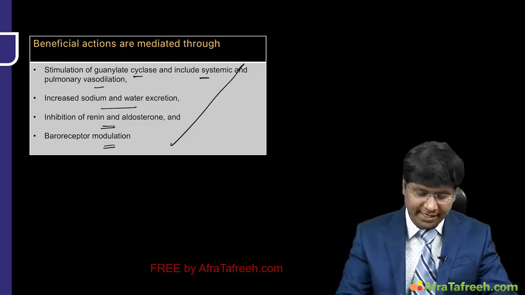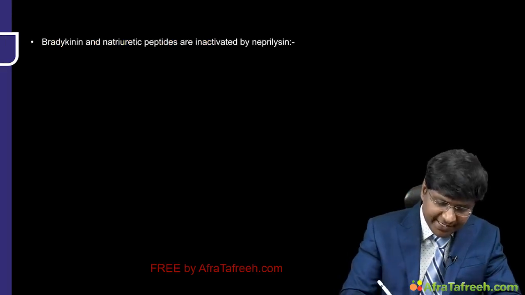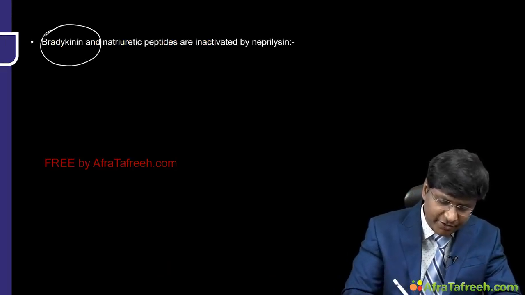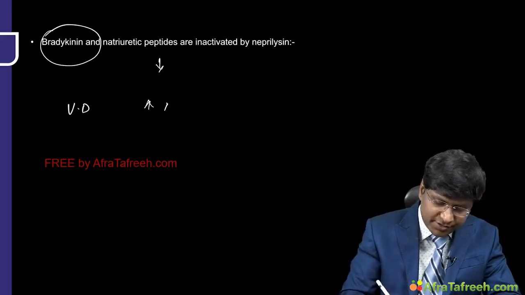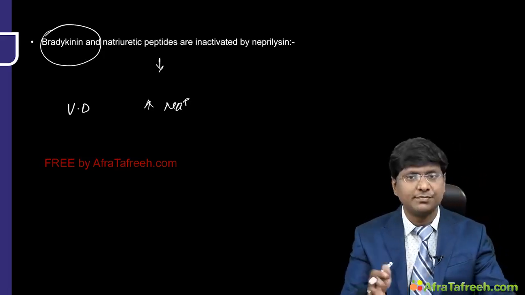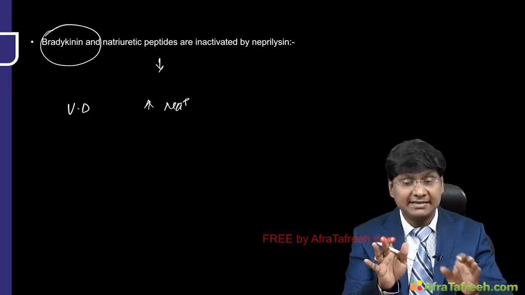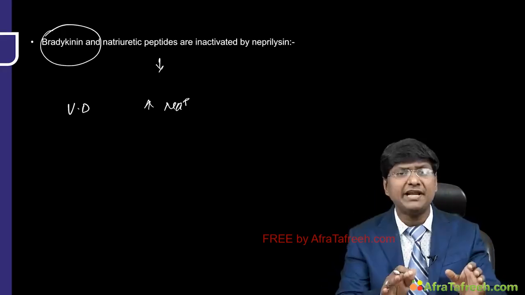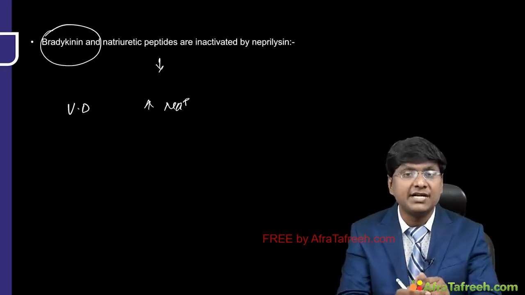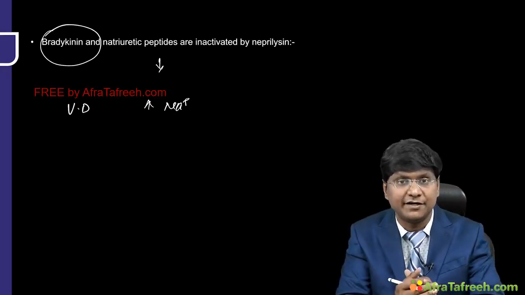Now if you take the bradykinin, I said already, it will cause vasodilatation. Natriuretic peptide will cause natriuresis. These are the important substances. Bradykinin and natriuretic peptides are very, very important substances in patients with heart failure to prevent the progression of the heart failure.